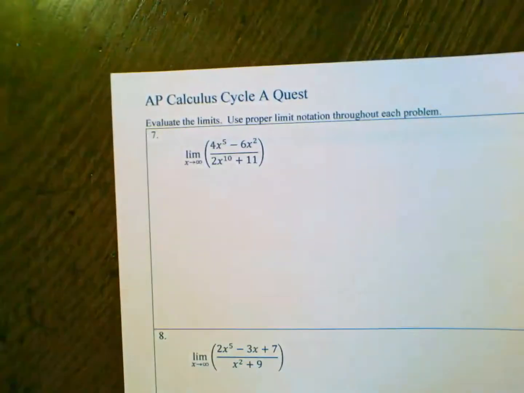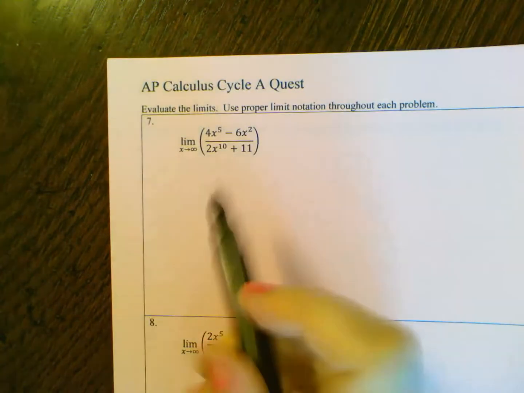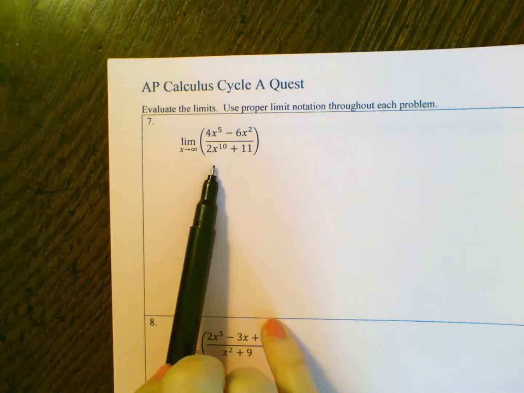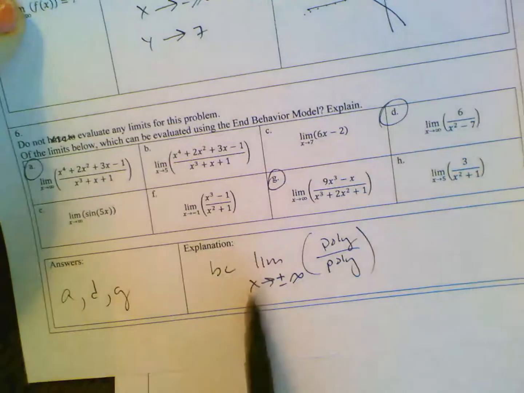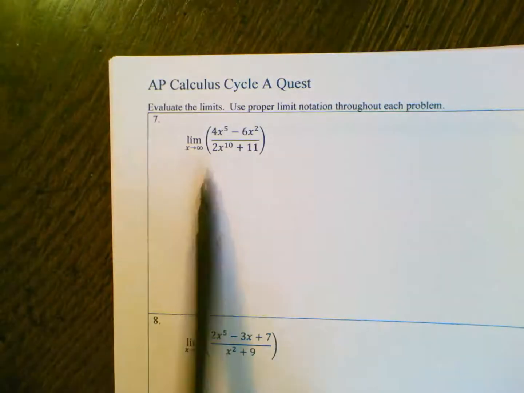Now, that brings us to a bunch of problems where we're going to use the end behavior model. So evaluate the limits. Use proper limit notation throughout the problem. Guys, this is the situation that I just had. We have a limit as x approaches infinity, and we have a polynomial over a polynomial.